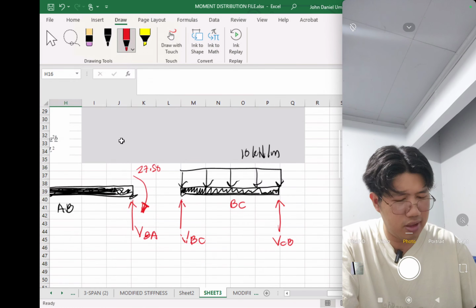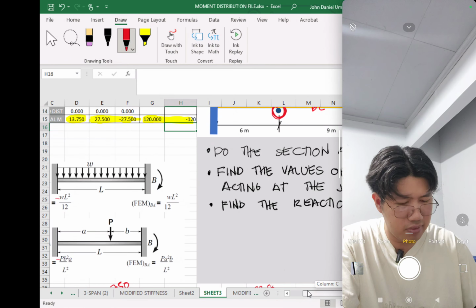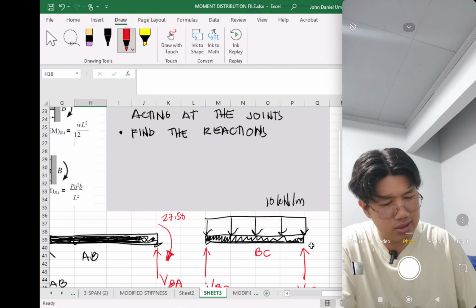And then, check the final moments na nakuha mo. VBC is negative 27.5. So, negative 27.5, ibig sabihin it is counterclockwise.